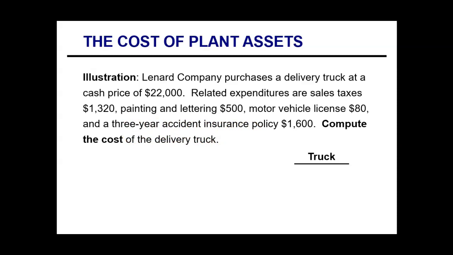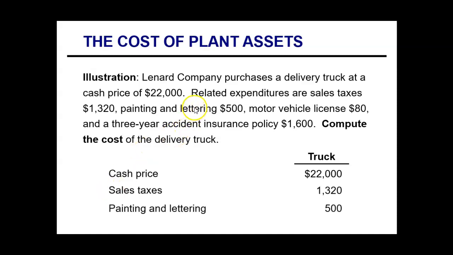So we're asking what cost should be included in the asset account. Well, of course, the cash price, the sales tax, the painting and lettering are all going to be included in the actual cost of the delivery truck. So these costs again are required to get the truck ready for its intended use.